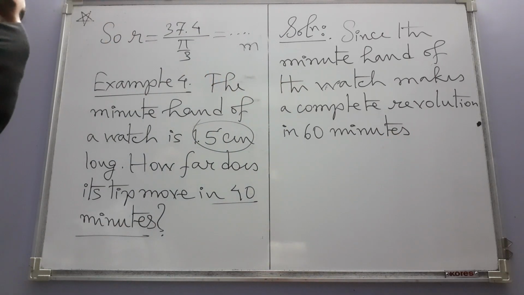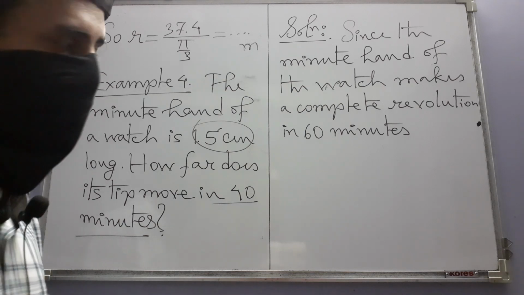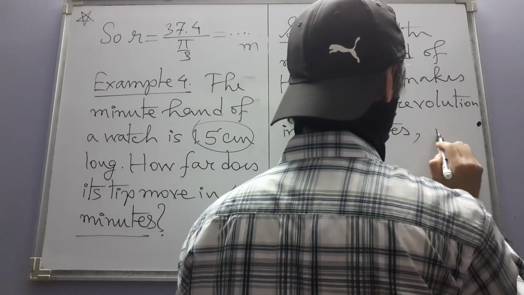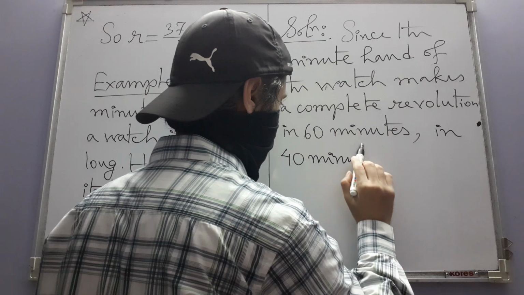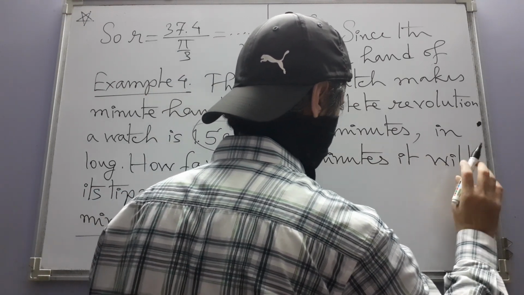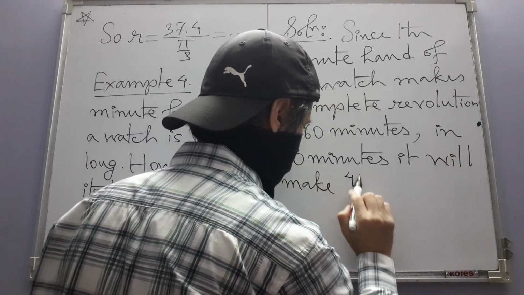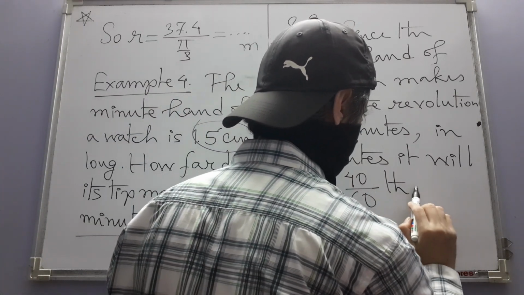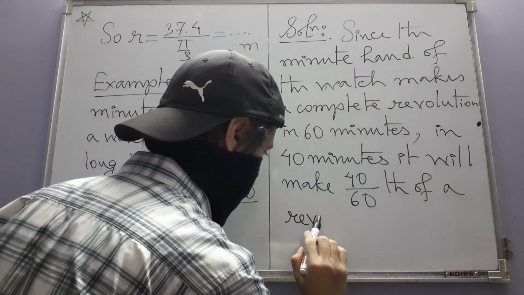In other words, in 60 minutes it rotates 360 degrees. In 40 minutes it will make 40 divided by 60th part of a complete revolution.